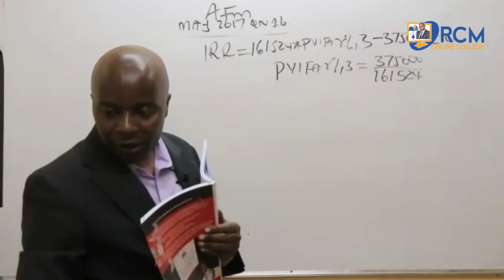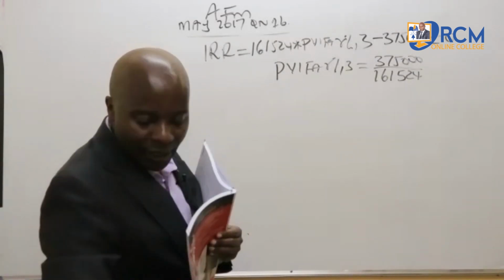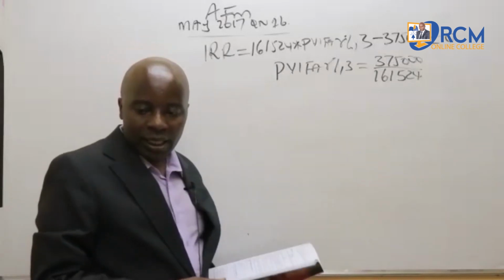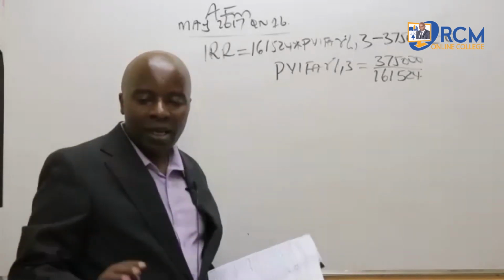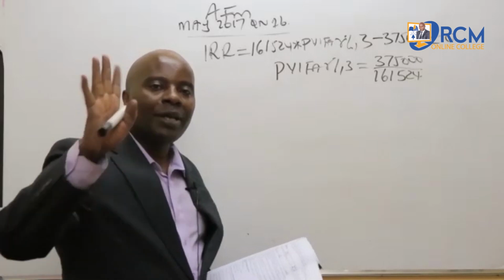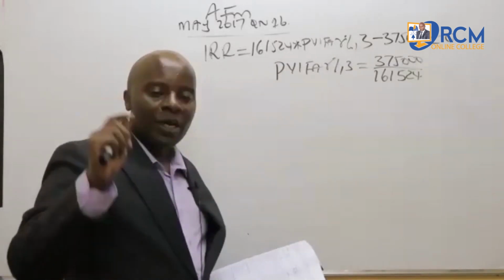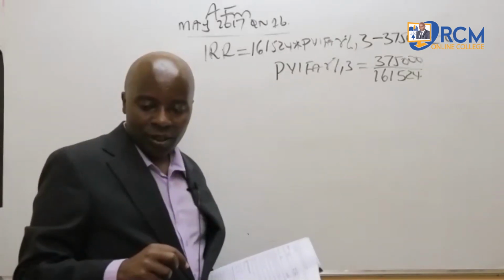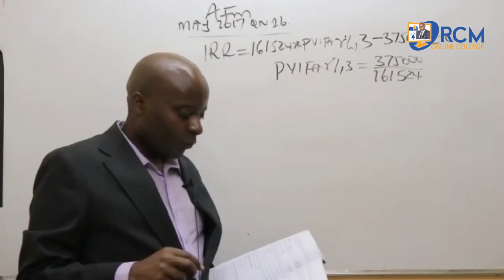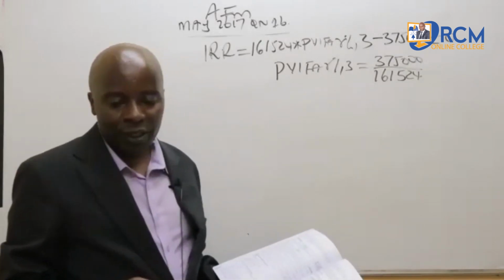Ladies and gentlemen, this is supposed to be equal to what? Help me out here. Remember, our PV tables are how many decimal places? 4. Always write this in 4 decimal places.